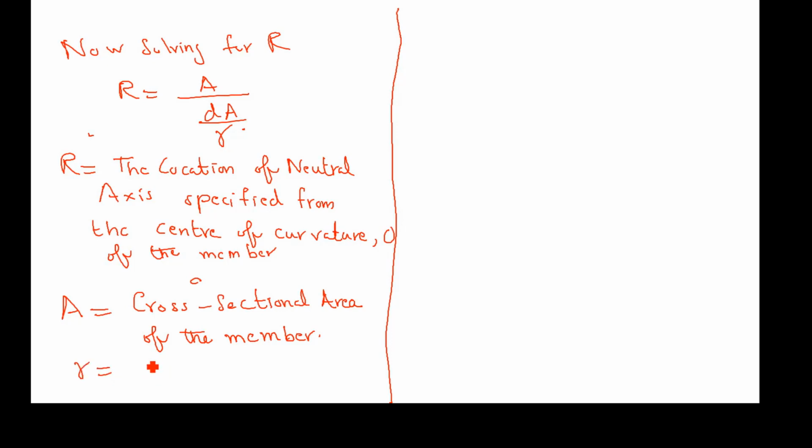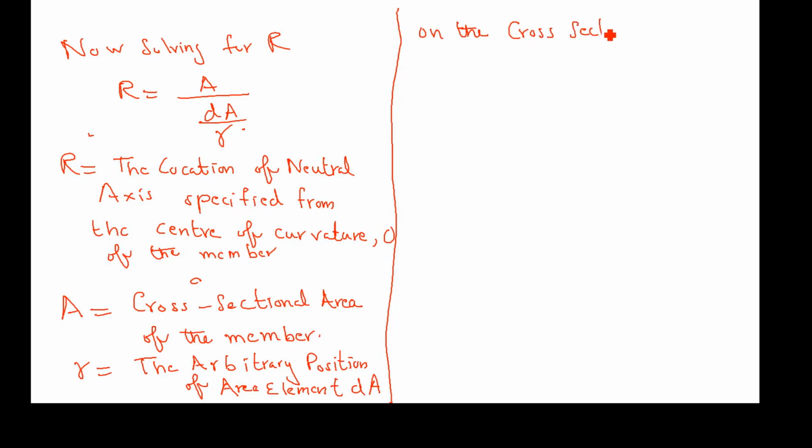Small r is the arbitrary position of the area element dA on the cross section, specified from the center of curvature O of the member.